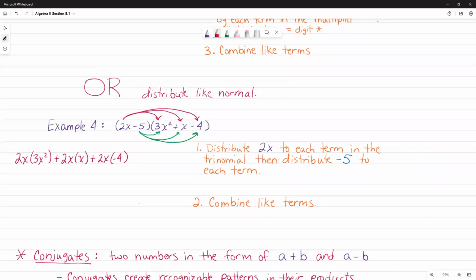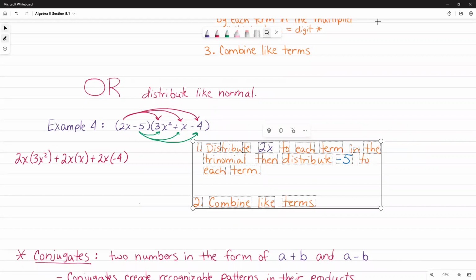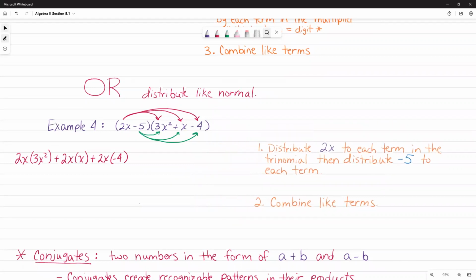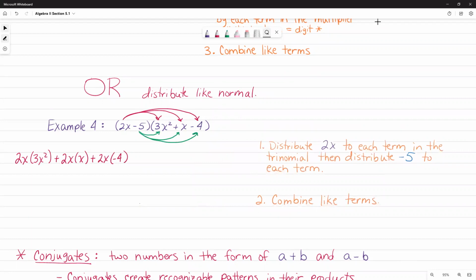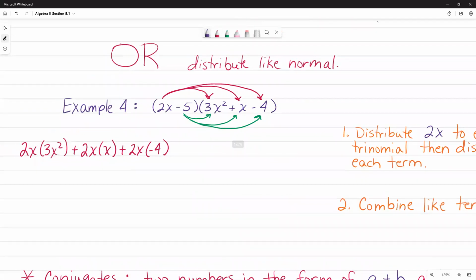Hold on. I'm going to move this over, just a smidge. All right, so you've got a -5 here, so just be really careful with this. So -5 times 3x squared.